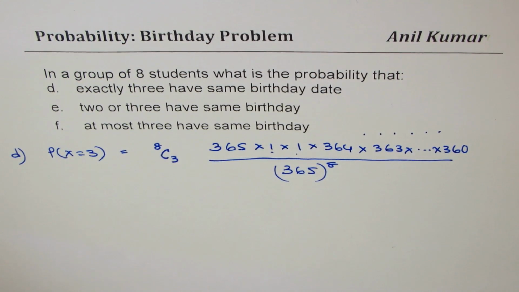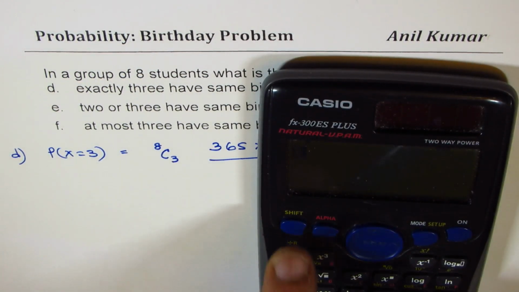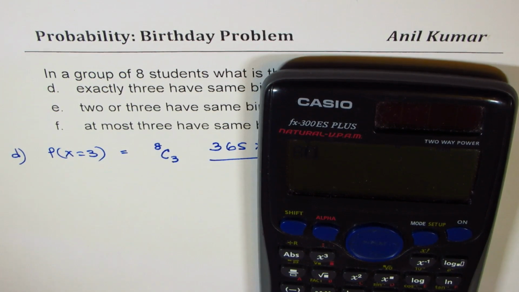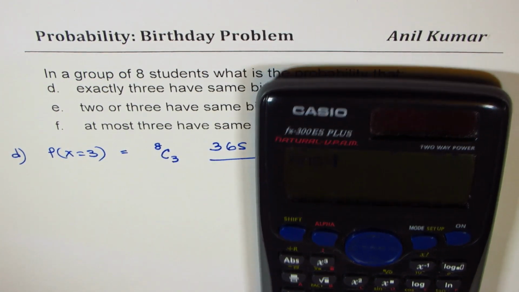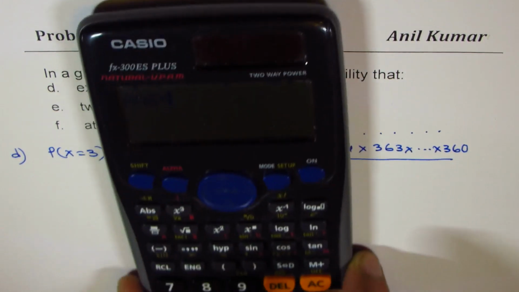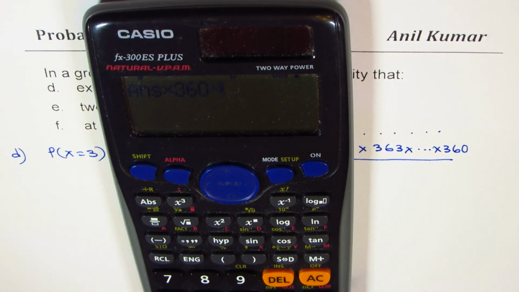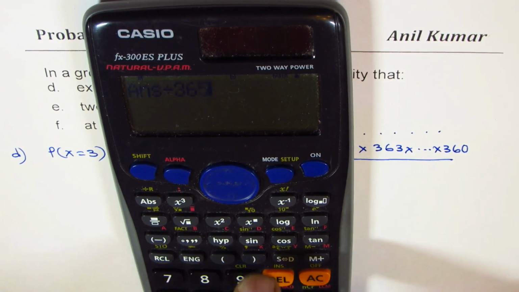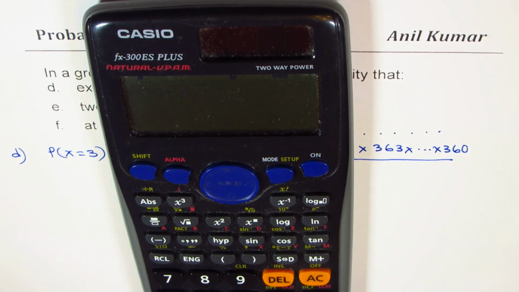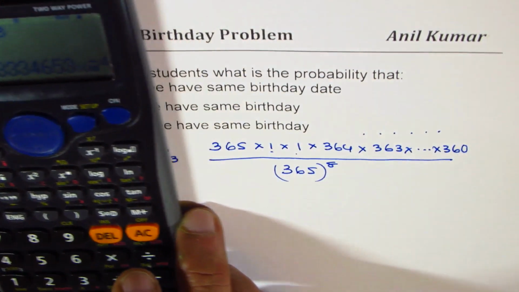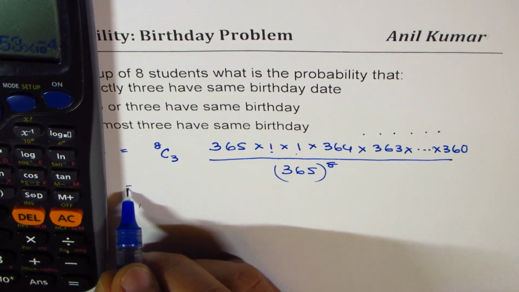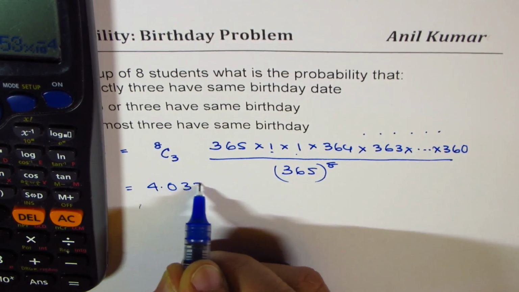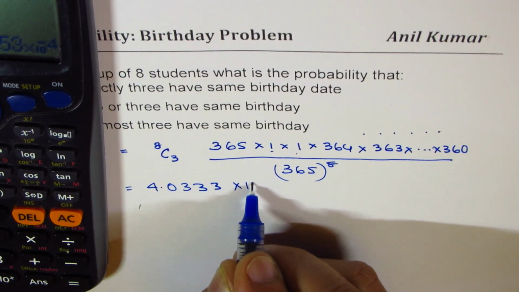All right? So let's figure it out. We have 8C3 times, we'll multiply from 360 to 365: 360 times 361 times 362 times 363 times 364 times 365, and then we are going to divide by 365 to the power of 8. So we get 4.03, 10 to the power of minus 4.